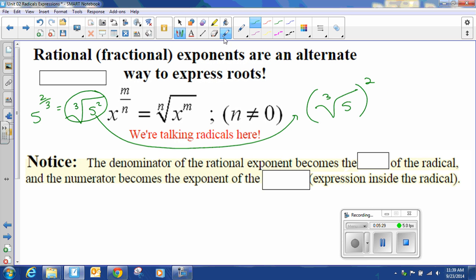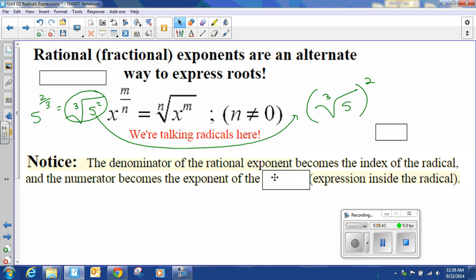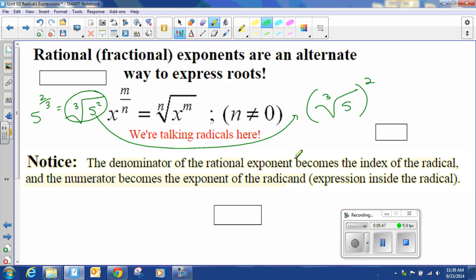Continuing with the vocabulary, the denominator of the rational exponent becomes the index of the radical. The index is what belongs right here in the radical symbol, and the numerator becomes the exponent of the radicand, and the radicand is the expression under the radical symbol.